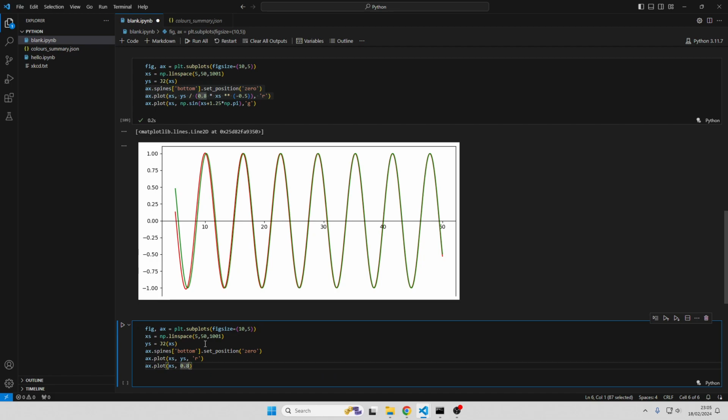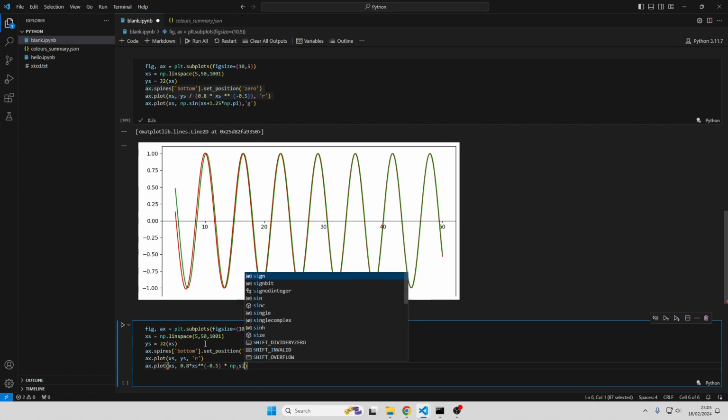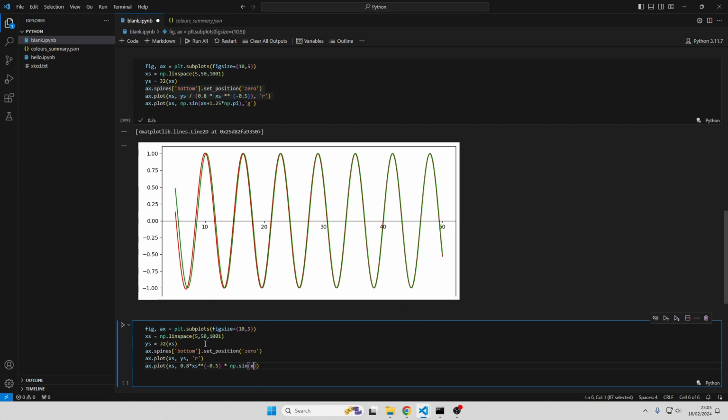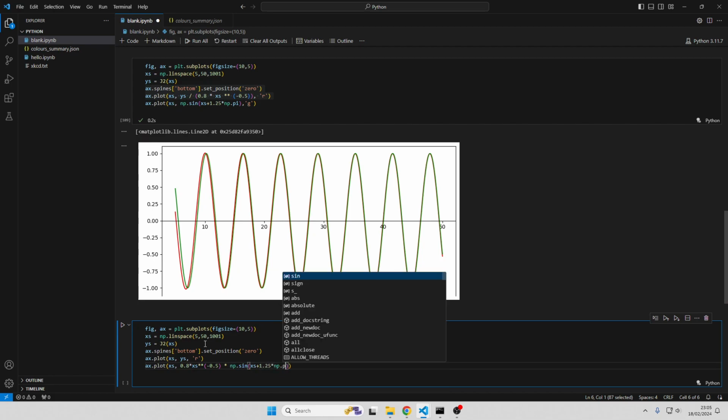We learnt that the envelope is like 0.8 x to the minus half, and then the oscillation is like so.